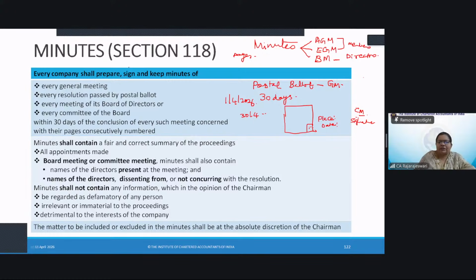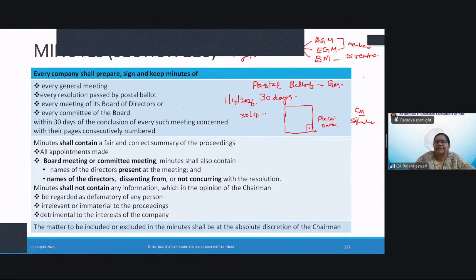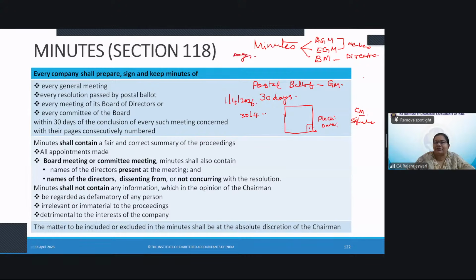We will see what are all the points regarding that. Now, minutes, every company shall prepare, sign, and keep minutes. So it should first prepare the minutes, it should sign the minutes, and it should also maintain the minutes of every general meeting and every resolution passed by postal ballot.